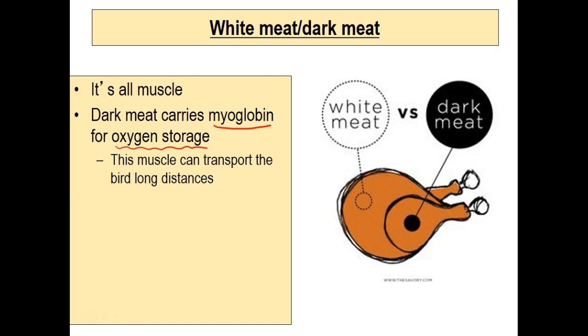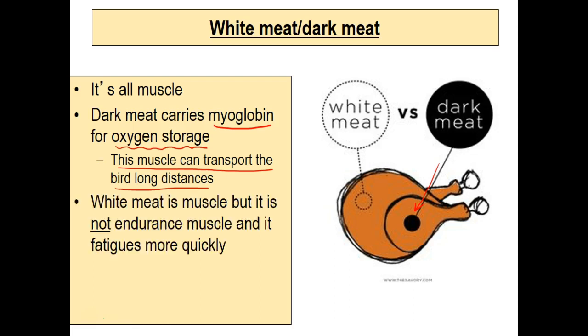And so we need more oxygen in the tissues that are going to be transporting us. And so this muscle, which is the dark meat muscle that carries the myoglobin, which carries the oxygen, tends to be in places such as the legs and also in the wings, which are going to transport the bird.